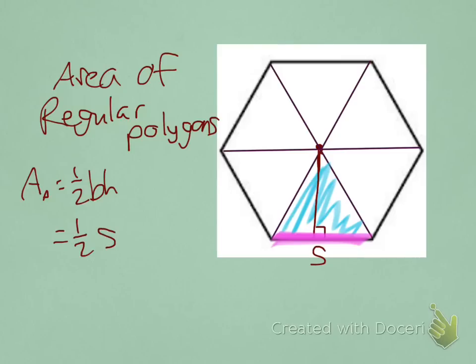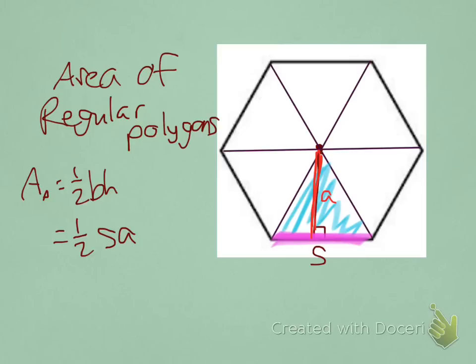Well, what's the height? Do you guys remember the vocabulary word that we just learned? We could call it H, but what type of line is this? From the center to the side length, meeting at 90 degrees. Well, this is just our apothem, right? This is the apothem, so let's call it A. So this is 1/2 S times A, the area of that triangle.